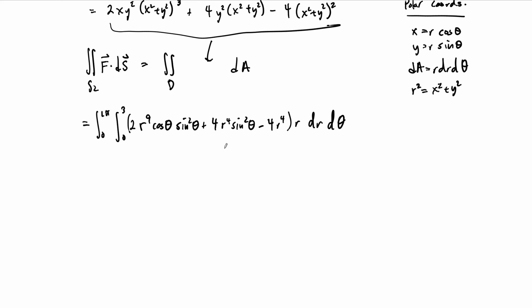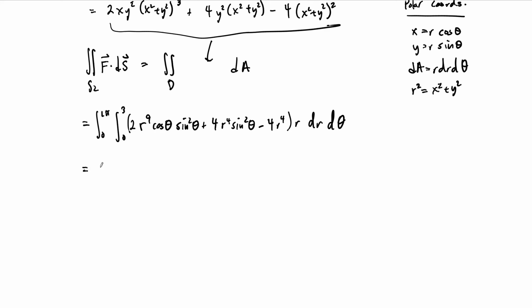All right, and so this integral needs to be broken up into some parts here. We can do the r integral first and then see what's left, right? But we can break this up over the sums, and then each one of those is going to be separable by itself.